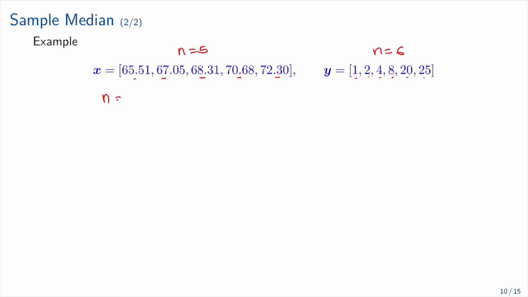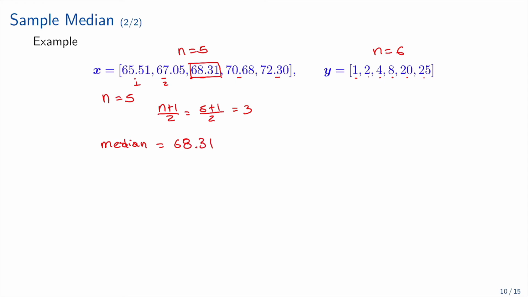So n equal to 5, so we apply the formula, which is (n plus 1) divided by 2, which is 5 plus 1 divided by 2, equal to 3. So the position is 3. So this is 1, 2, third position. So the median is equal to 68.31.